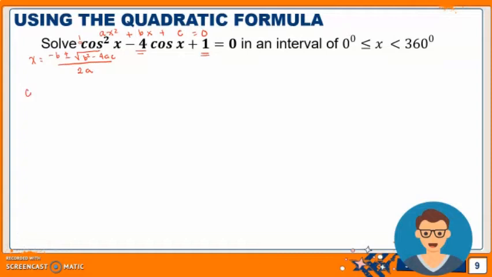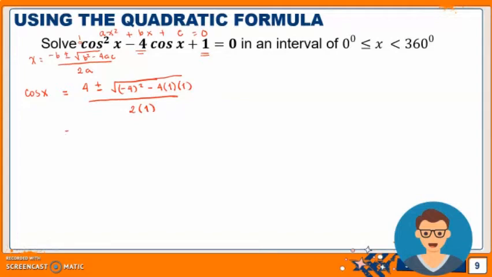So cosine x is equal to negative of negative 4, which is positive 4, plus or minus the square root of negative 4 squared minus 4 times a times c, over 2 times a, which is 1.